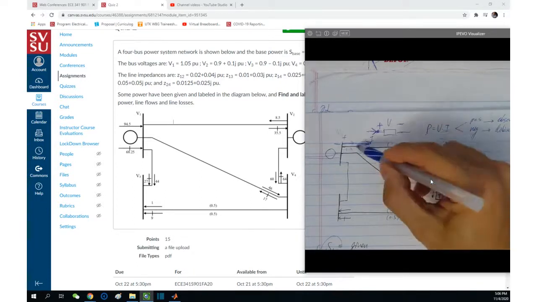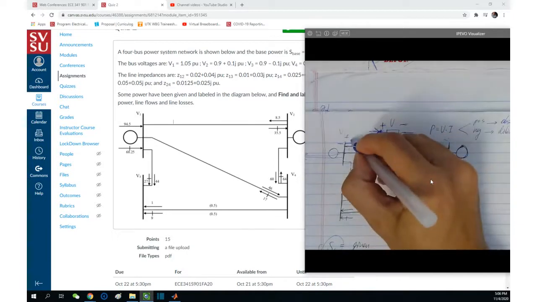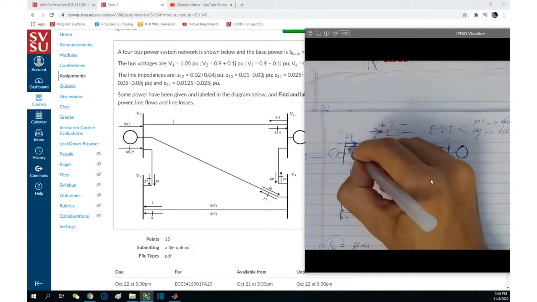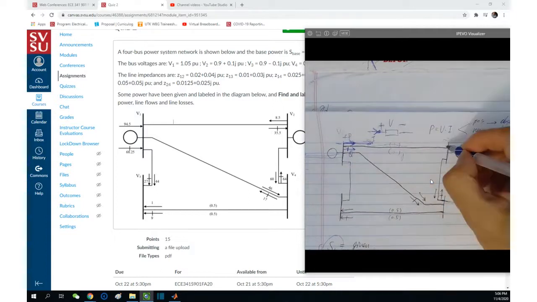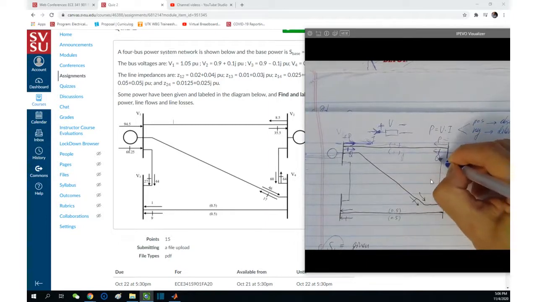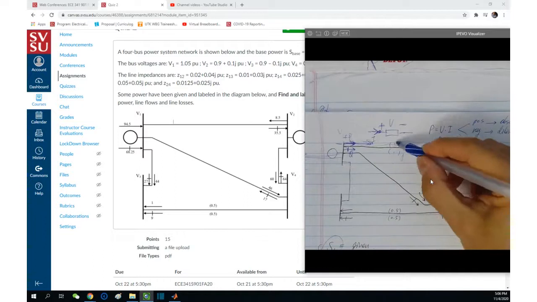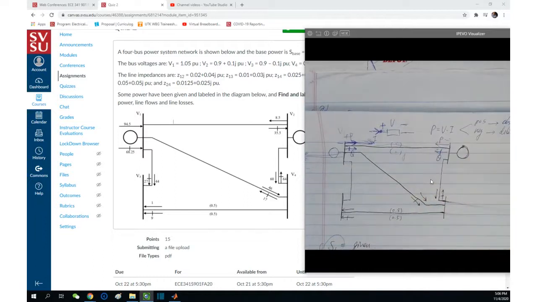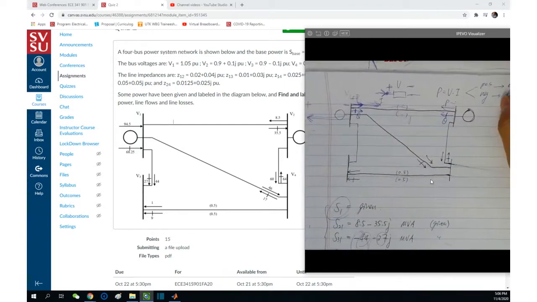Above the line, if this line flow is labeled as the active power, this guy here is reactive power. So is here, right? Active, reactive. It's all up to which end of the line determines which is active, which is reactive. So you don't label the J there.